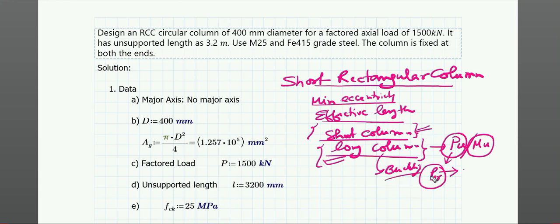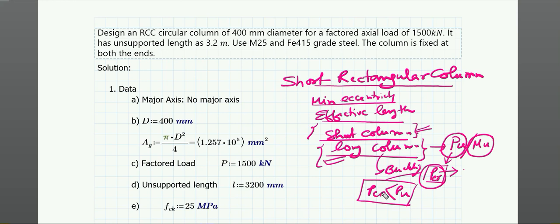And basically the buckling load or the critical load is found to be less than Pu. That means the column will fail just before its axial load carrying capacity.